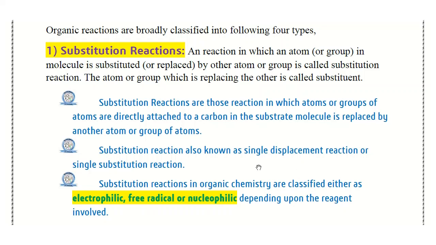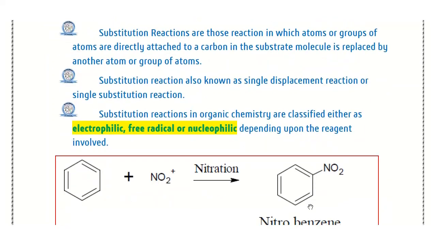The main types of substitution reaction in organic compounds are the electrophilic substitution reaction, nucleophilic substitution reaction, or the free radical substitution reaction. And again, this depends on the type of chemical reagent involved, whether it is an electrophile, a nucleophile, or a free radical.